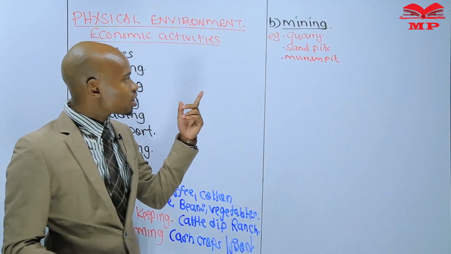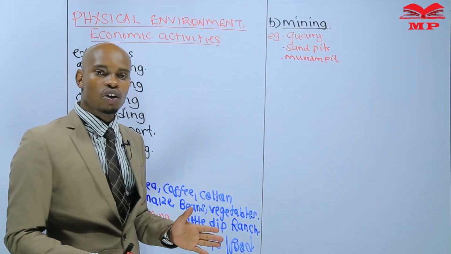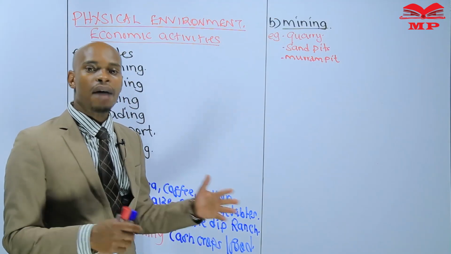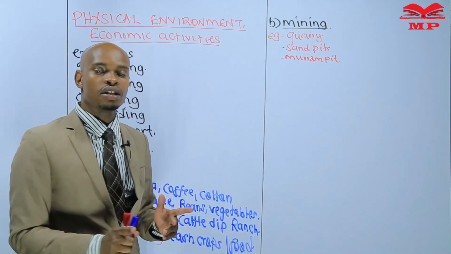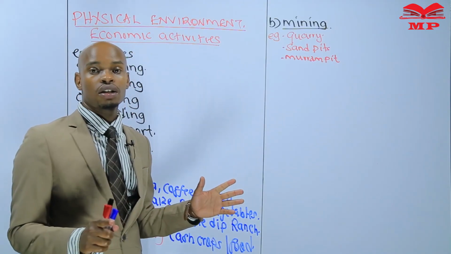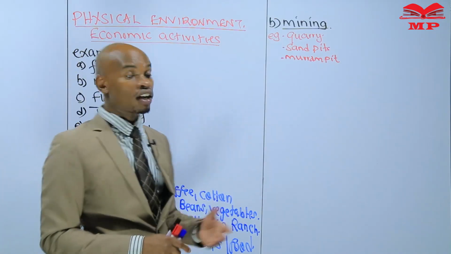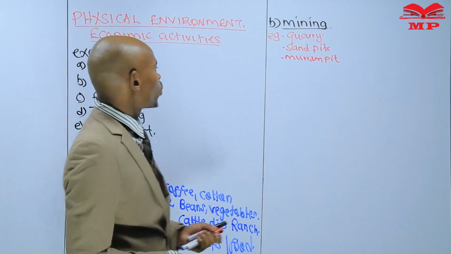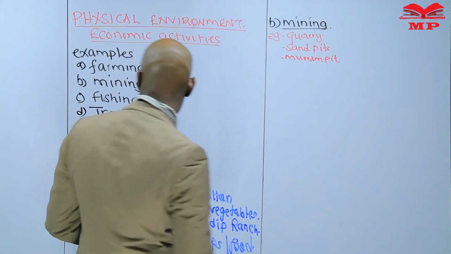If there is an exhausted or abandoned sand pit, maram pit, or quarry, it means that economic activity does not exist anymore. So be very, very careful when you are reading the key for words like abandoned or exhausted.